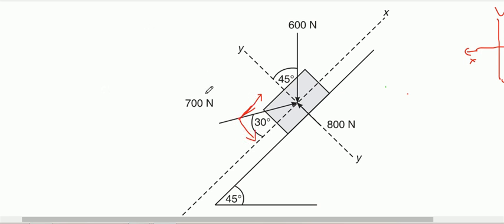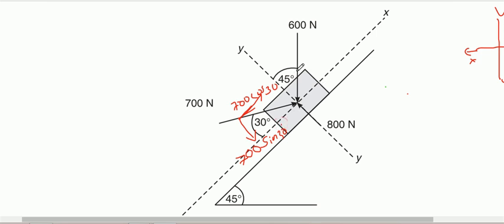Now this is 700. What is the X component? 700 cos 30 is your X component and 700 sin 30 is your Y component.